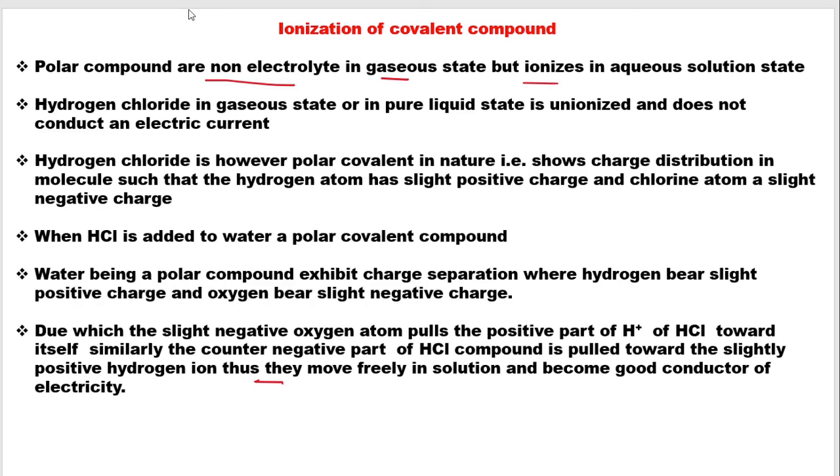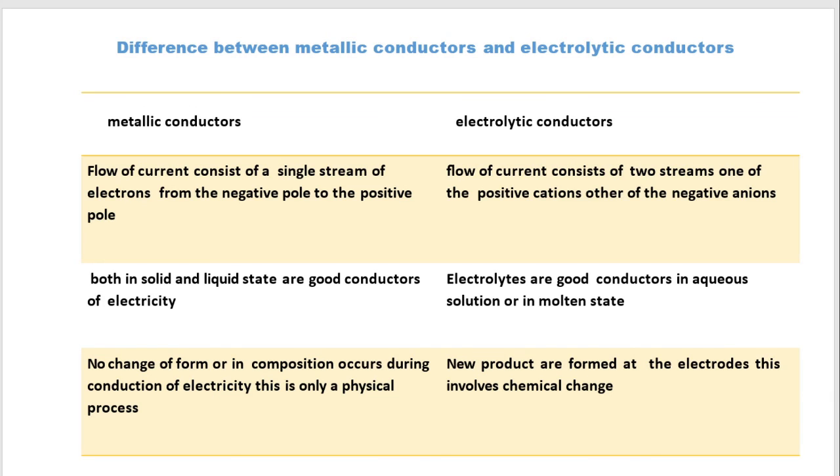Now, till now we have discussed the conduction of electricity in electrolytes, but in metals also electricity passes. We have read that metals are also good conductors of electricity. So what is the difference between metallic conductors and electrolytic conductors? In metallic conductors, the flow of current consists of only a single stream of electrons from negative pole to the positive pole.